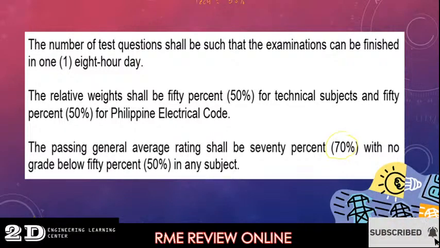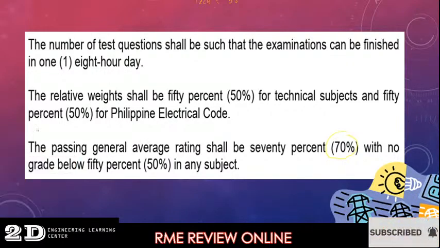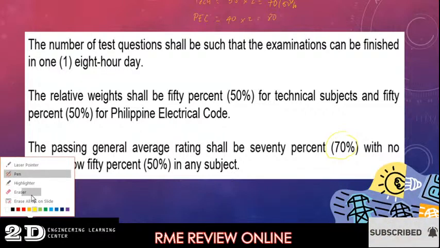Then sa PEC, so you got a score of 40 out of 50. So ang gagawin mo lang dito is ita times 2 yan. Then you will have 70. And this will be 80. Tapos 50%. So ita times natin ng 50%, or the other shortcut for 50% will be 0.5.